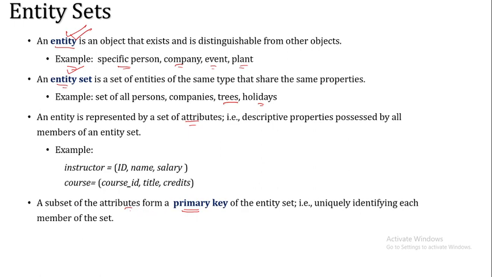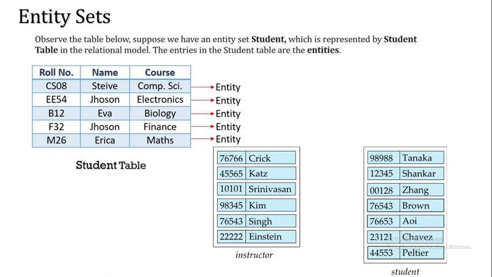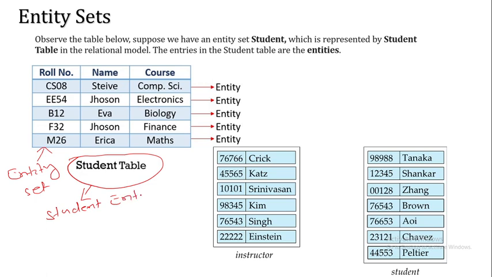Let us take a small example to clearly understand what an entity is, what an entity set is, and the attributes. If you observe this table, this is an entity set. This is the student table, or we can say this is the student entity set.